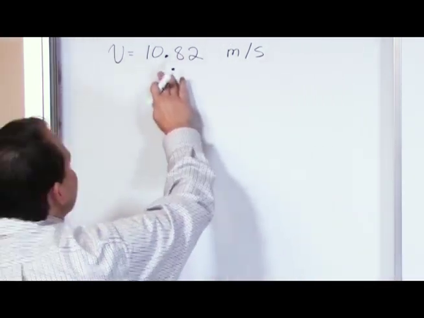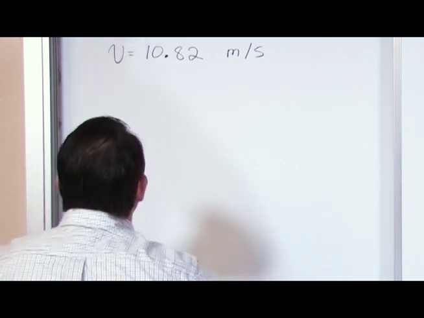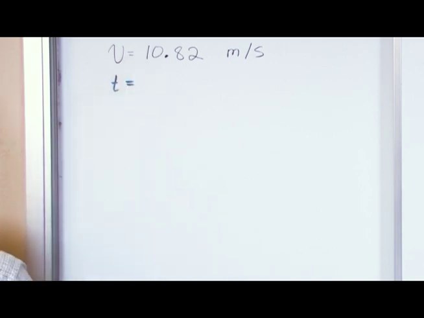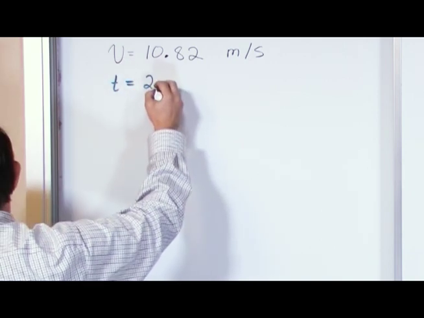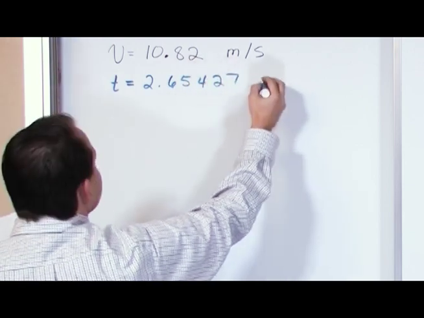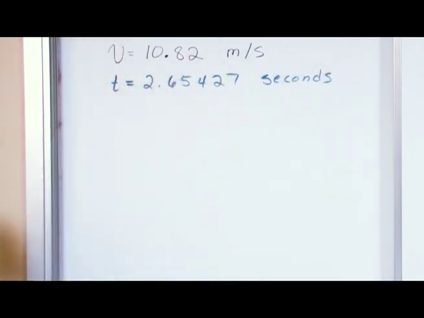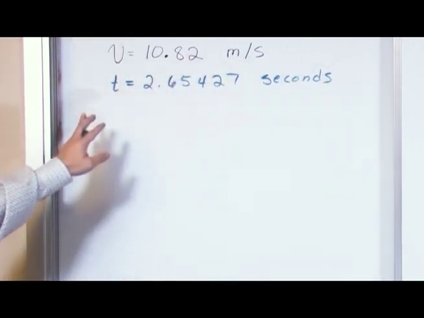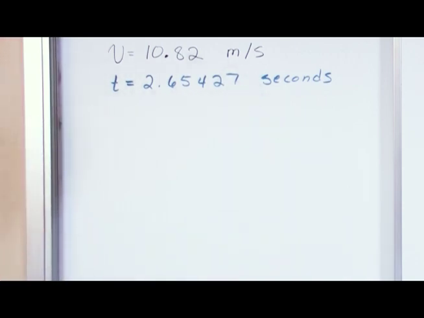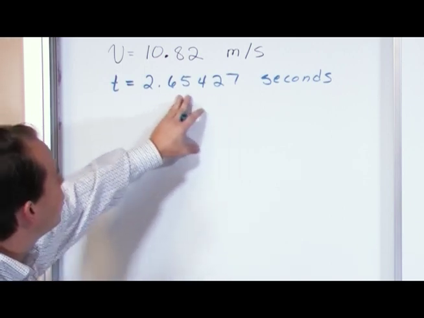Now let's say that I travel at this speed for a time of 2.65427 seconds. So I'm going 10.82 meters per second, and I'm traveling for 2.65427 seconds. The first thing you should notice is that the accuracy with which I measured my time is much greater.